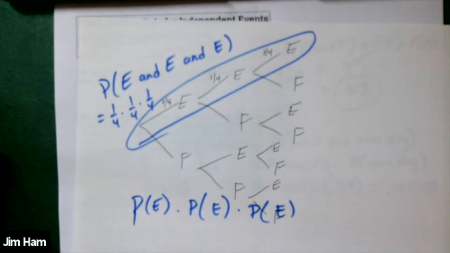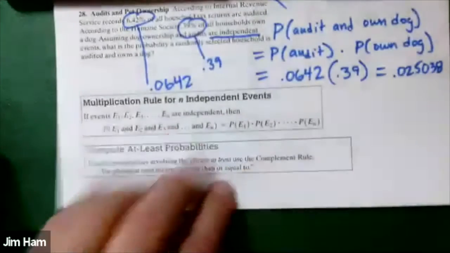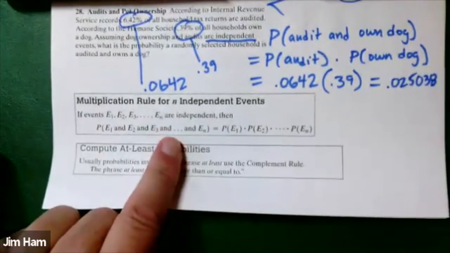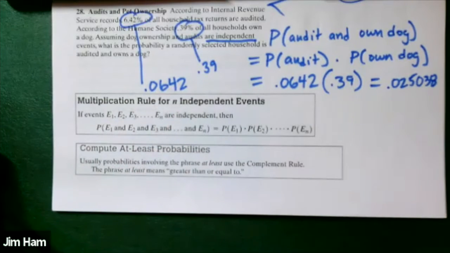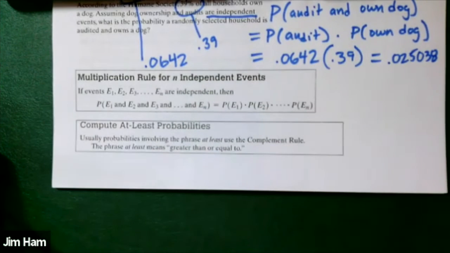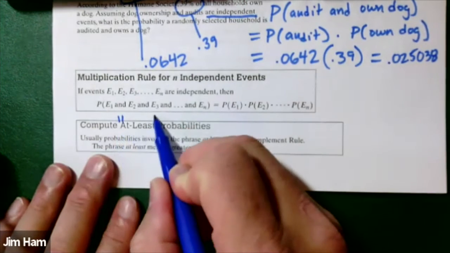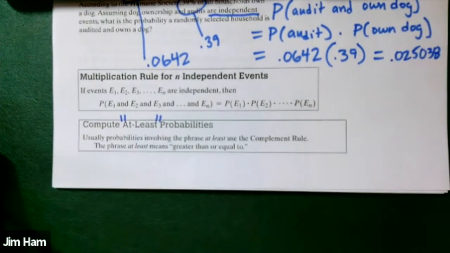So it's generalizable for more than just 2 events. You can have 3 events or 4 events or 5 events. That's what this is saying down here. So if you have n independent events, you could just continue to multiply the probabilities together. Given that, and then given this next result, these at least probabilities, it works with the complement rule.